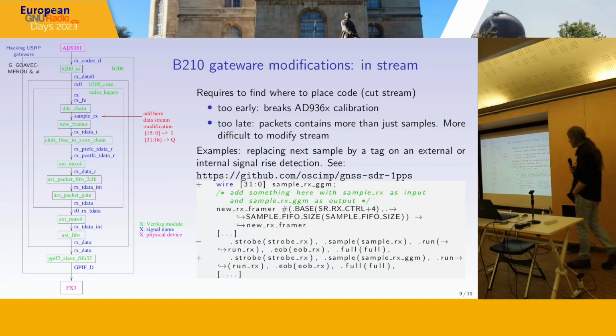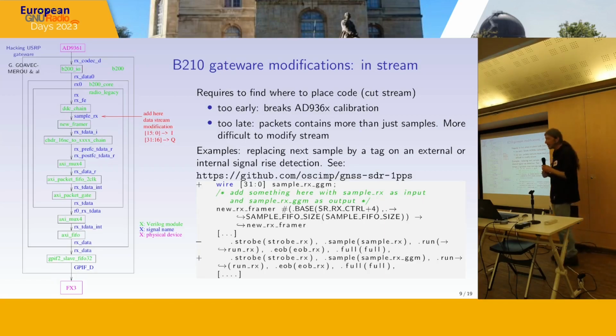And the important thing is to find the correct location where to cut the wire and to integrate your specific code. If it's too early, you break the RF front-end calibration. I've tried. You start GNU Radio and UHD says no. Okay.